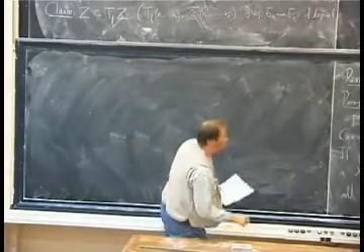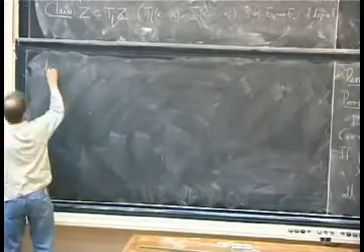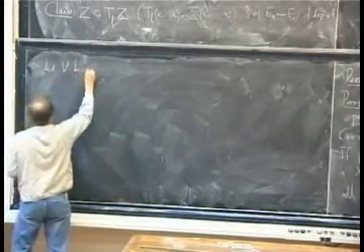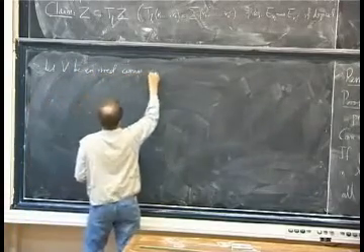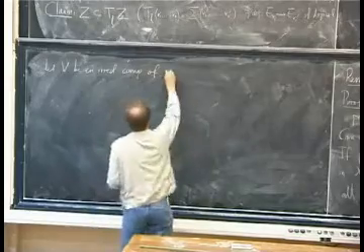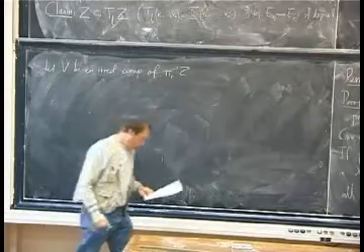So how do we do that? Let V be an irreducible component of this pi_n inverse of Z. We would like to prove that it's all of it.